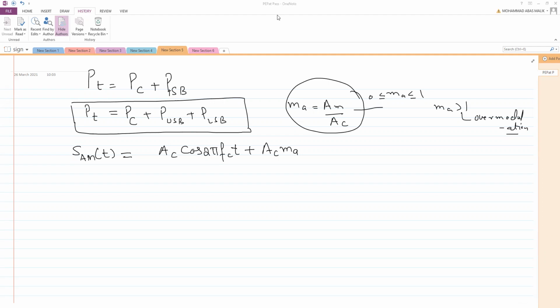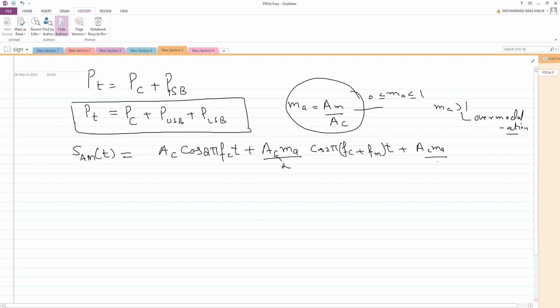So ultimately the value will be equal to AC MA divided by 2 cos of 2 pi (FC plus FM)t, plus AC MA divided by 2 cos of 2 pi (FC minus FM)t.